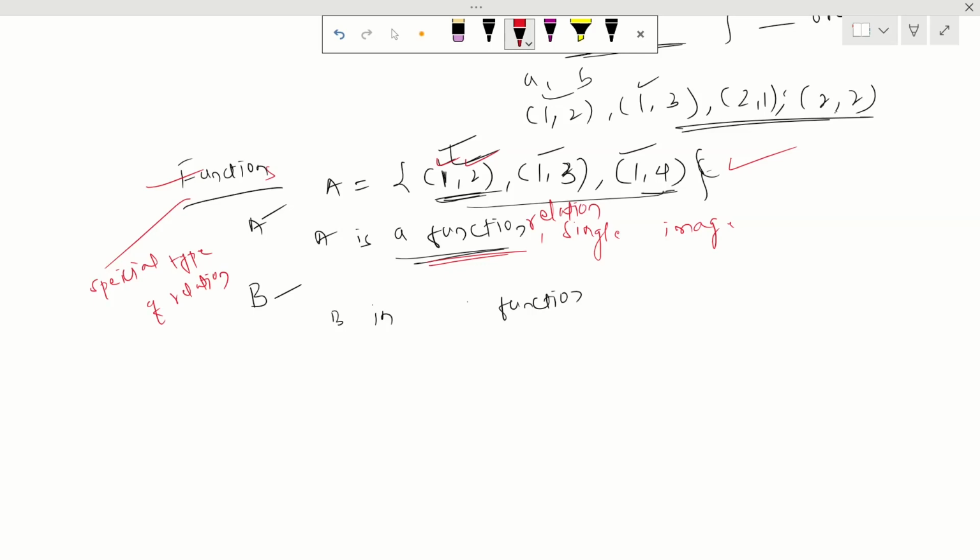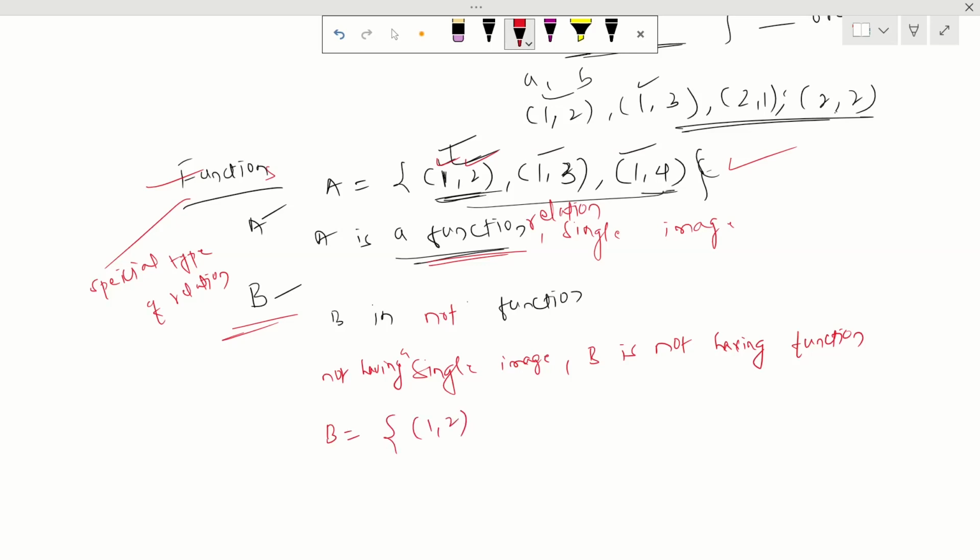When we say B is not a function, the set B does not have a single image. When a set does not have a single image, we say it is not a function. For example, suppose B contains 1, 2 and 2, 2 and 3, 4 and 1, 2.